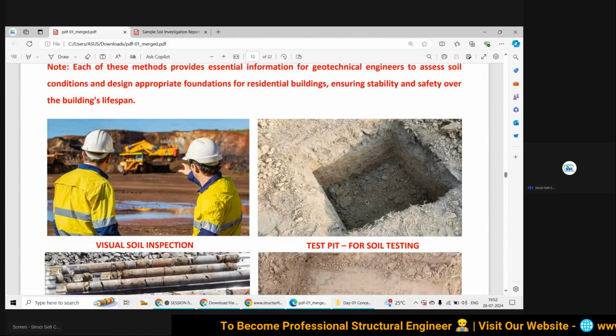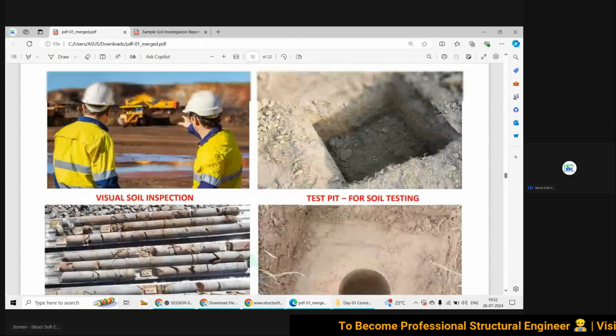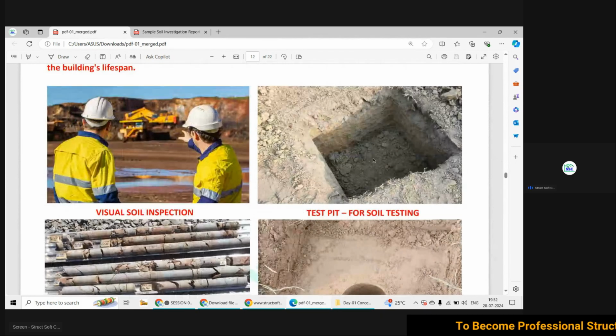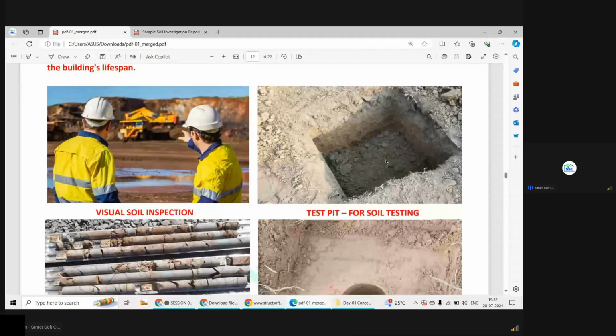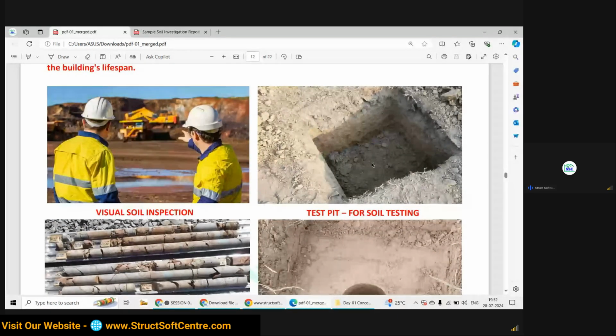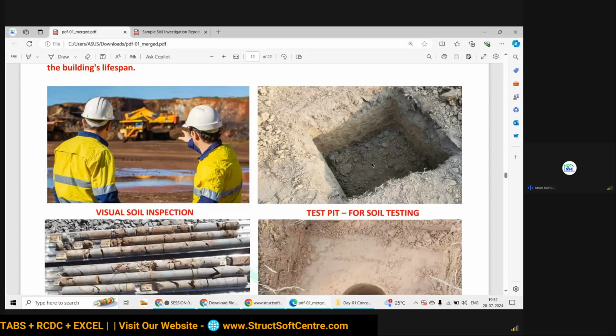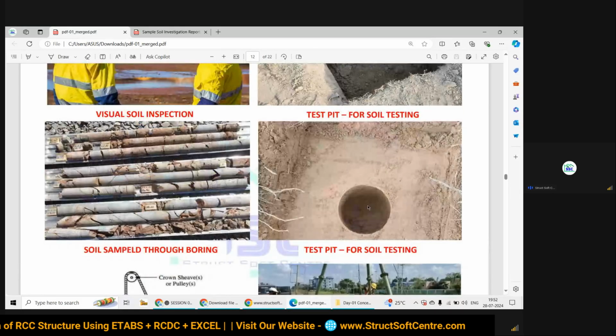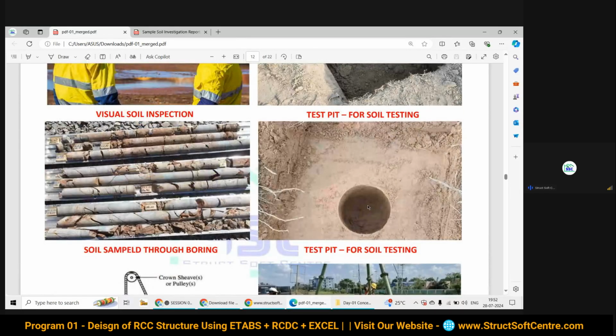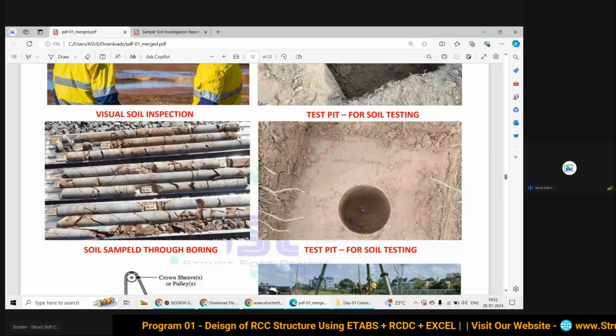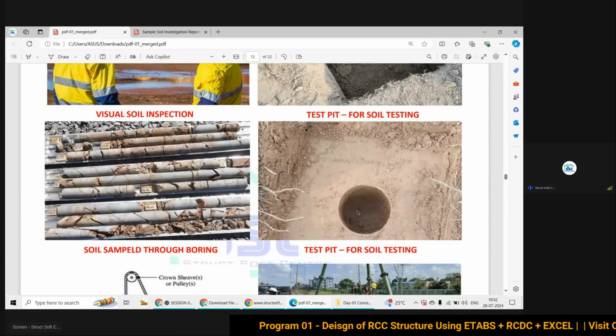After having the test pit, two things are possible. We can directly do the on-site testing. After doing the test pit, the next step is what? You have two options: either you can do the on-site testing, or you can take a sample and collect it. After collecting that sample, you can take it to the laboratory and do the soil testing. Two options are there for the same approach.